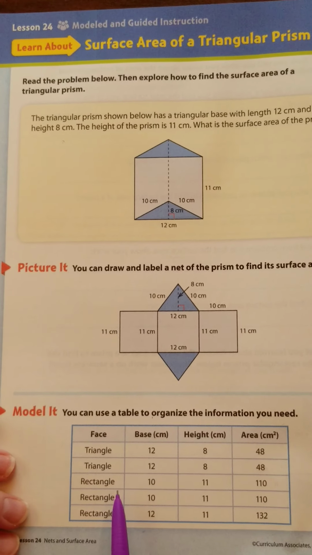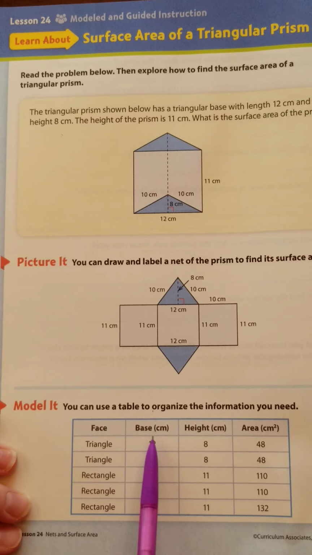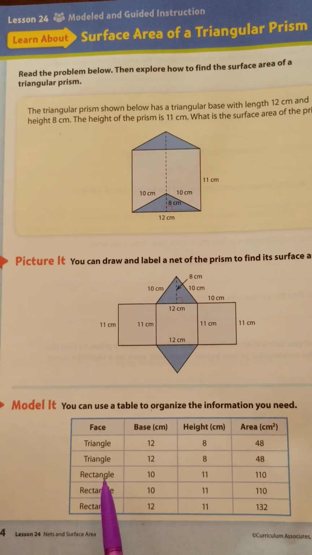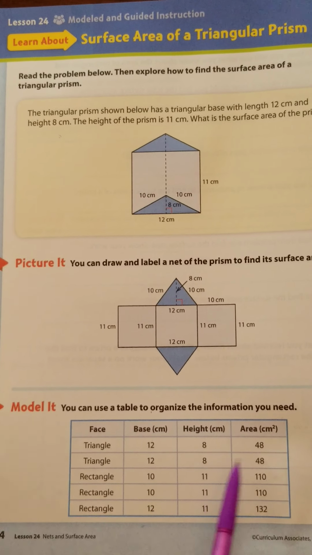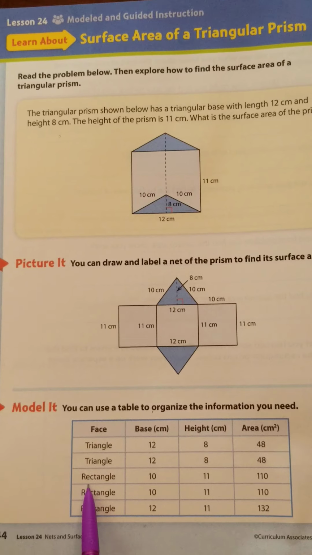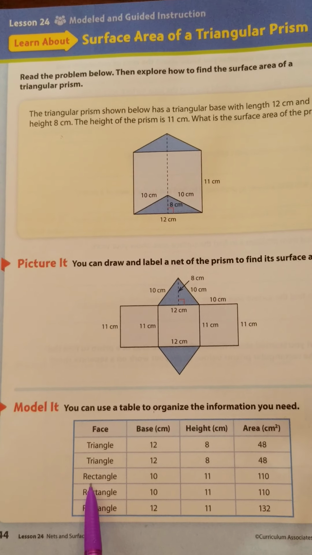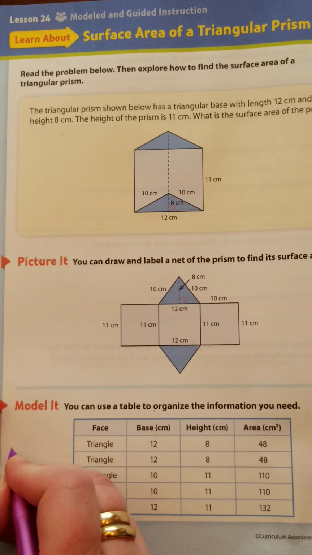So if you come down here and look, they filled in the table with what they knew. You can see they've found the base and the height for each of the 5 shapes, and then they've come up with the area. Now, just as a reminder, the area of a rectangle is going to be what? Base times height. Let's write that down.